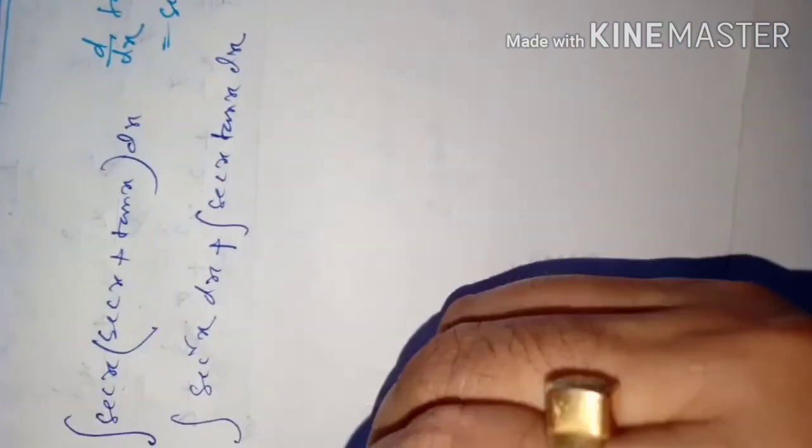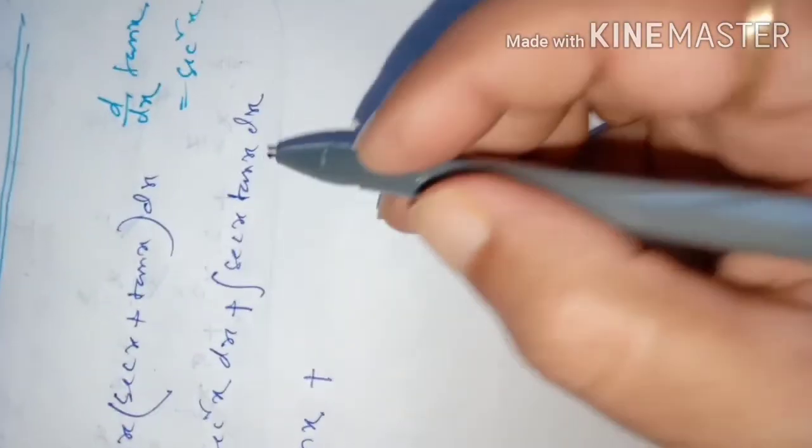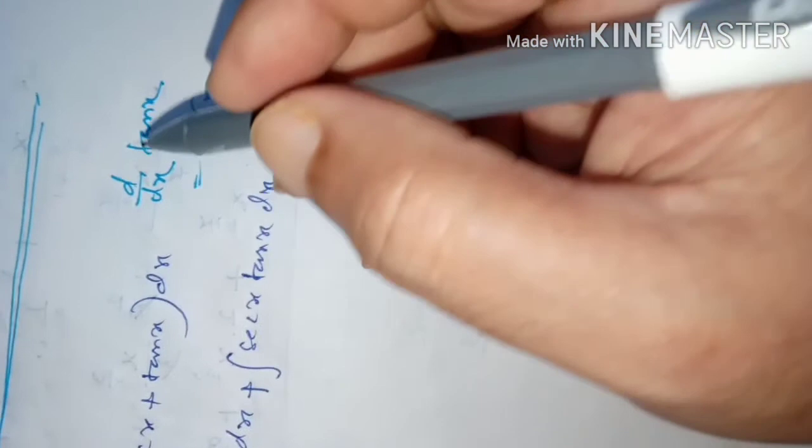Therefore, antiderivative of sec square x we can write as tan x, plus antiderivative of sec x tan x. Recall, if you take the derivative of sec x, what do you get? Derivative of sec x is sec x tan x.